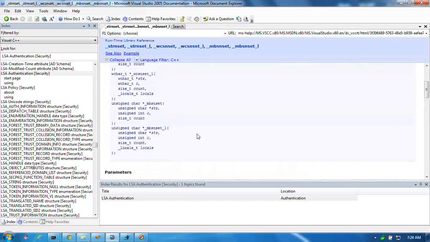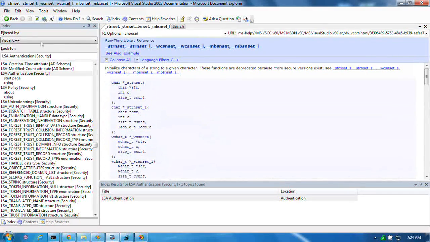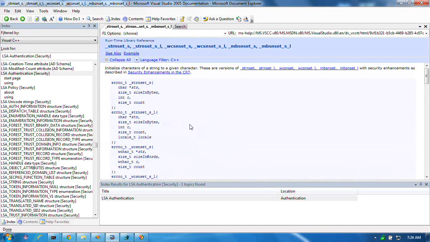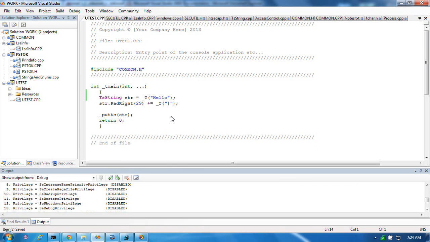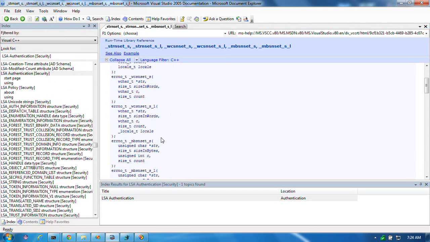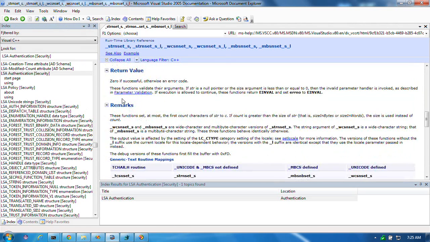So, I wasted several hours trying to track down this problem, and I thought that I had made a mistake. I assumed I'd made a mistake. Well, in a sense, I had made a mistake. I hadn't read the help and realized for what it is, realized what it's actually saying.